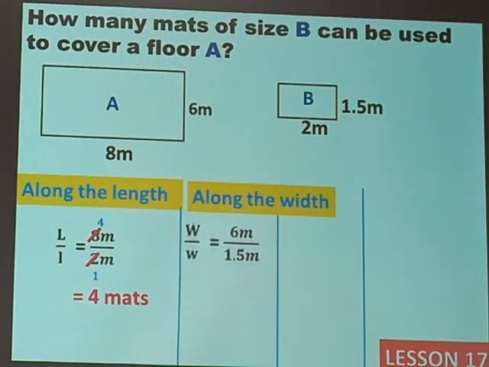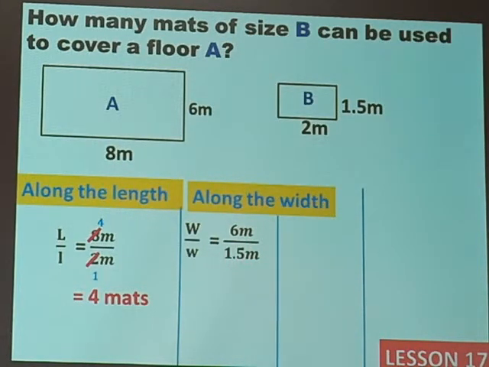It's going to be the width of the floor divided by the width of the mat. This capital W is for the floor, and the small w is for the mat. When we substitute that correctly, we shall have 6 meters divided by 1.5 meters.